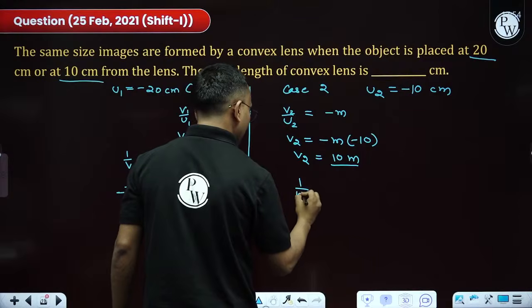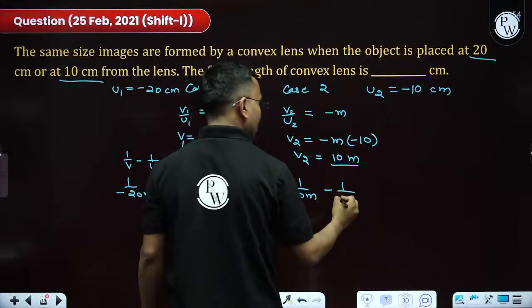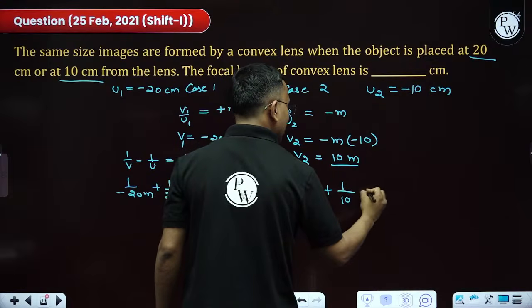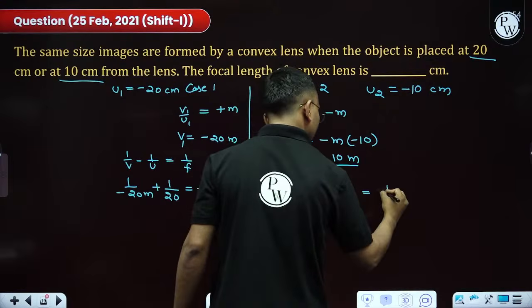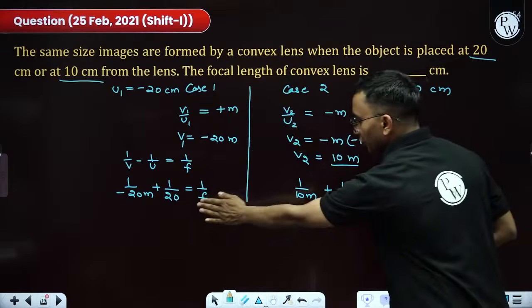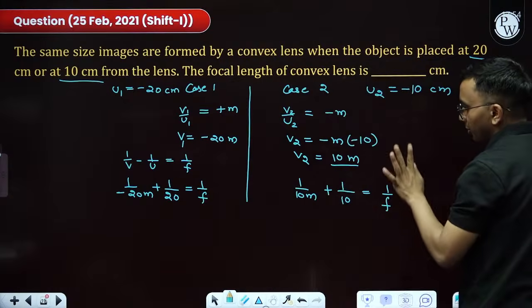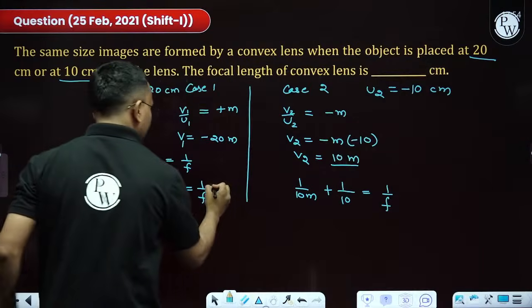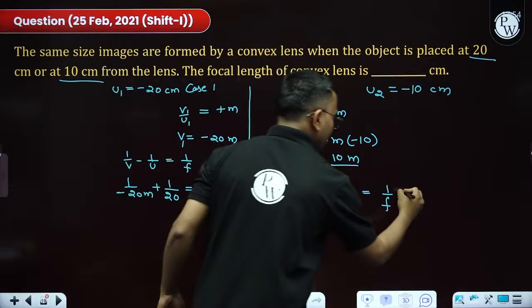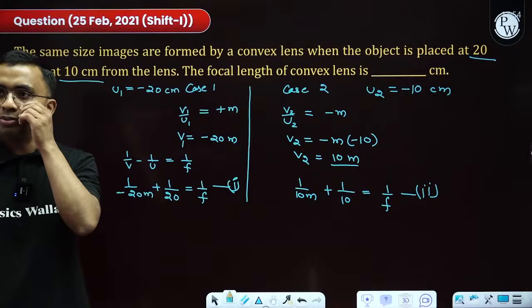So 1 by 10m minus 1 by u, and what is u here? Minus 10, so plus 1 by 10, is equal to 1 by f. In this equation and this equation, two variables are there, m and f. This is my first equation, this is my second equation. Easily I can solve for the two variables.